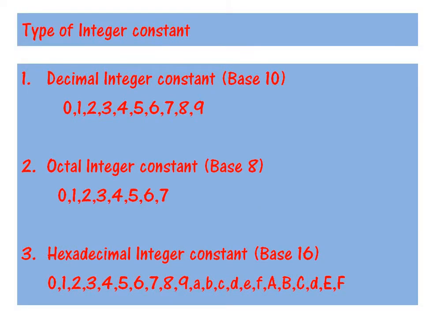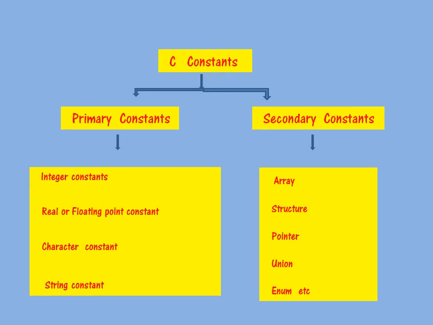In integer constant, there are three types: decimal integer constant, octal integer constant, hexadecimal integer constant, which we have seen in constant part 2 tutorial. After that, floating point constant in part 3 tutorial. Now let's see character constant in our part 4 tutorial.